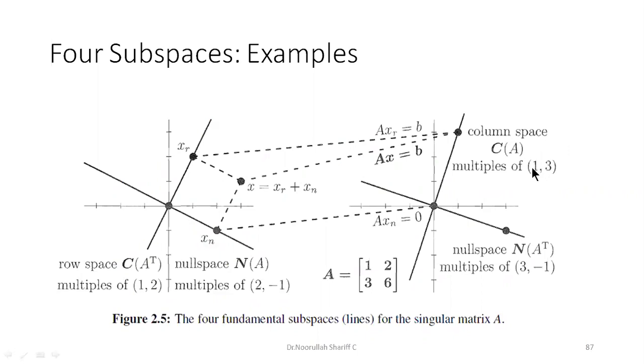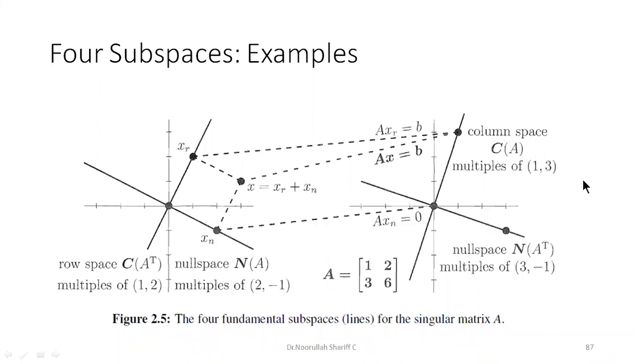The x axis value will be 1, the y axis value will be 3. You can consider this as x1 and this as x2, that doesn't matter. So we'll get this point.